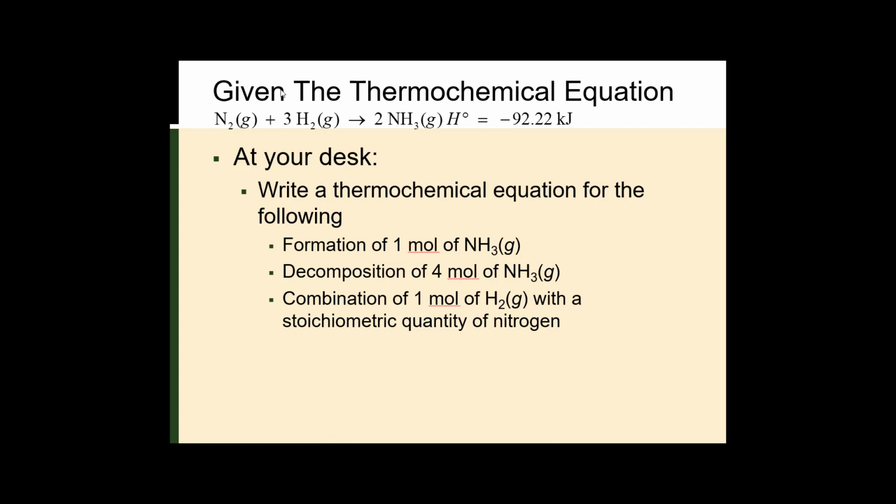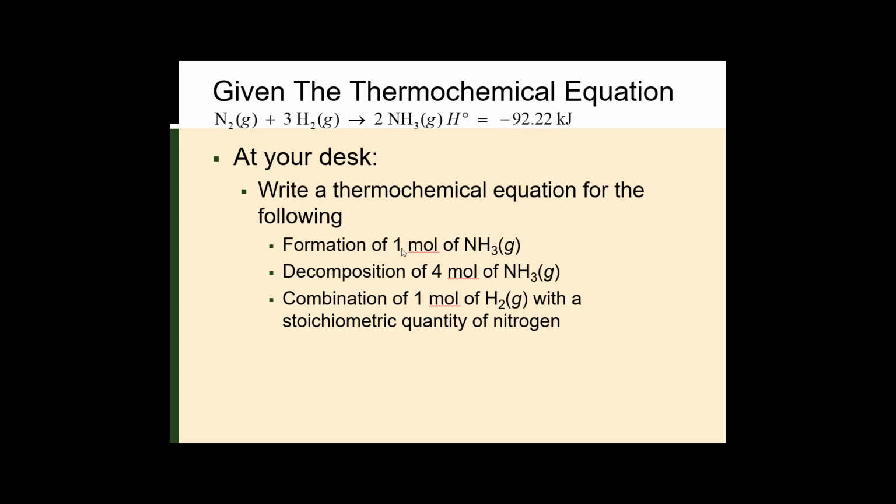We're going to do a little bit of practice writing thermochemical equations. So I want you to try to practice to write the thermochemical equation for the following. Knowing that 1 mole of nitrogen gas plus 3 moles of hydrogen gas react and create 2 moles of ammonia gas, and the enthalpy for this reaction is negative 92.22 kilojoules.